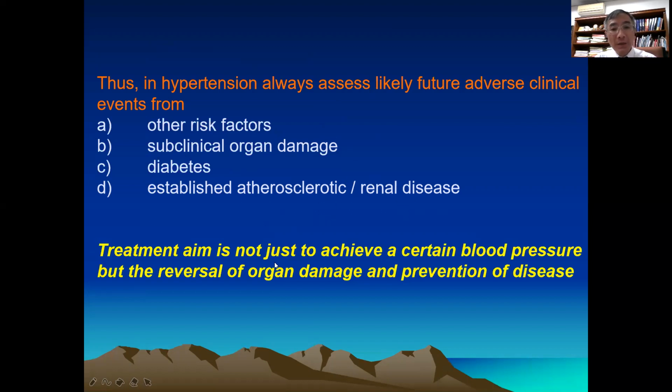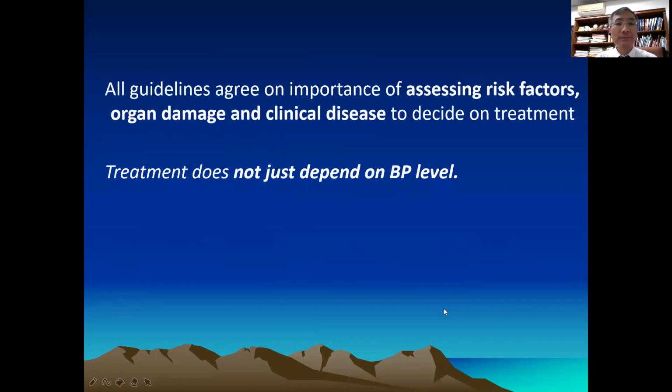The treatment aim is therefore not just to reach a certain blood pressure level. The treatment aim is to reverse whatever organ damage there is and to prevent the development of disease. It is very important to remember that these are the aims of treatment, not to reach some arbitrary blood pressure level.